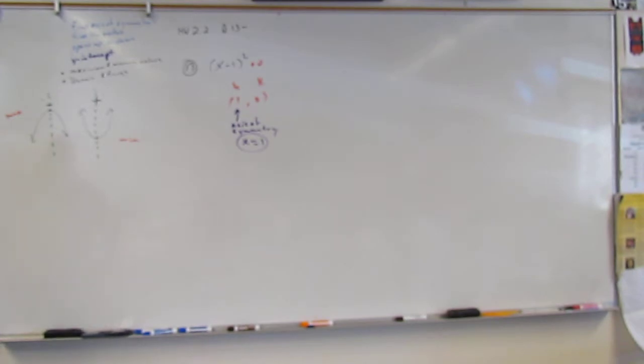Okay? So when it's in the vertex form, it's really easy. We'll have some problems in vertex form. Okay? But most other problems will not be in vertex form. Okay? So we're going to have to learn a method.